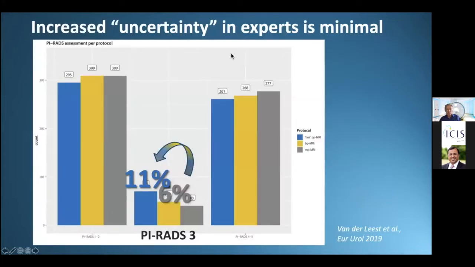Also, if you calculate the increase of uncertainty, according to, for example, the 4M head-to-head comparison study, you see that an expert increases his uncertainty by not using contrast from 6 to 11%. Well, that's not too bad, isn't it?